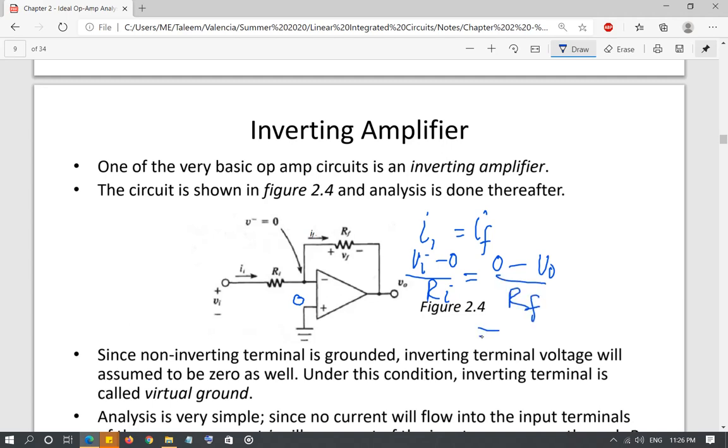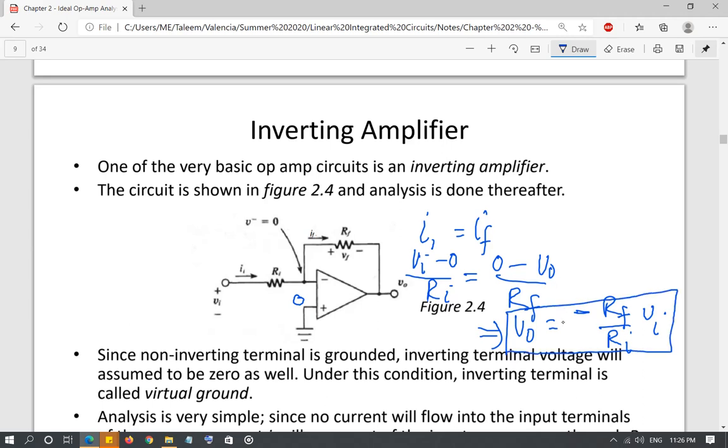So what are you going to get? The output voltage will be equal to negative RF over R input times V input. So that's going to be the expression for the output voltage.